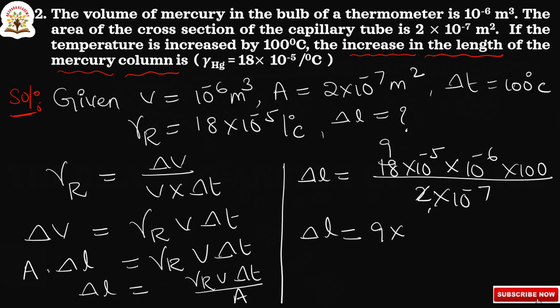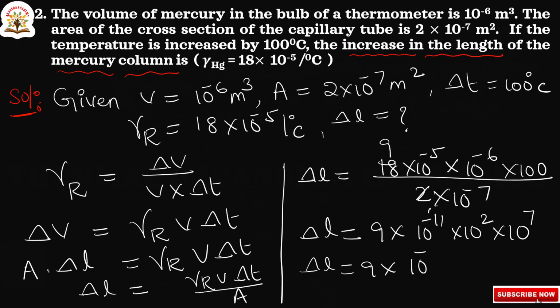So 10 to the power of 9 into 10 to the power of minus 11 into 10 square into 10 to the power of minus 7 will go in the numerator plus 7. So 7 plus 2 is 9. Delta L is equal to 9 into 10 to the power of minus 11, 10 to the power of 9.